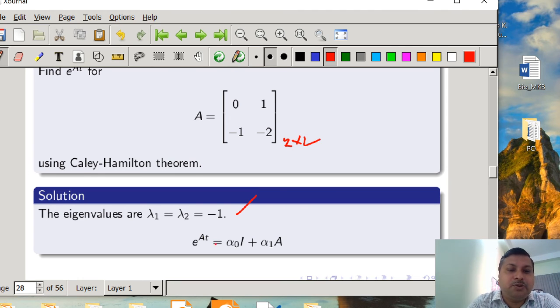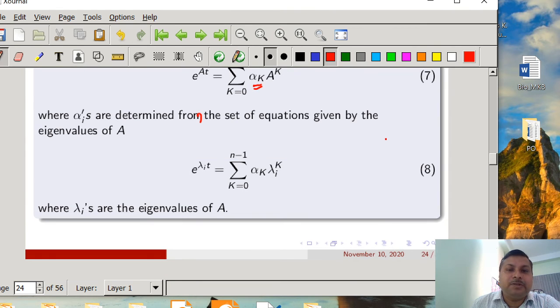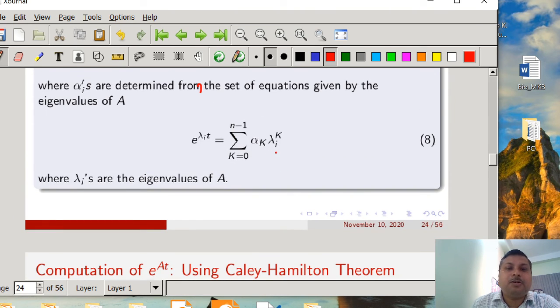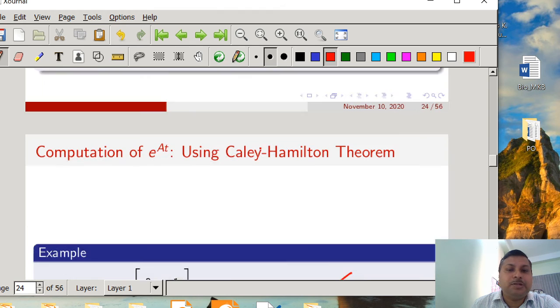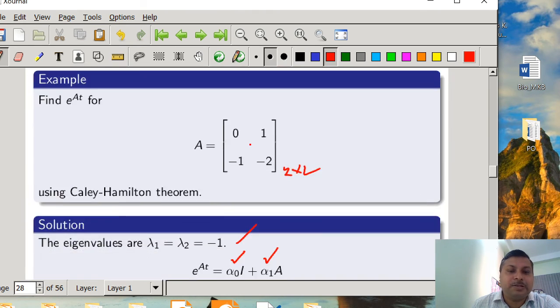Similarly, e to the power At will be alpha 0 I plus alpha 1 A. The question is how to calculate alpha 0 and alpha 1, because here you are going to get identical equations for equation number 8, since both eigenvalues are the same. So you get a single equation, and with a single equation you cannot get the two unknowns, alpha 0 and alpha 1. So I will tell you the process to avoid that.